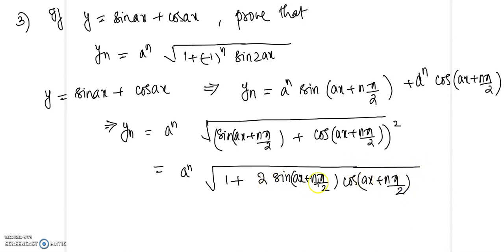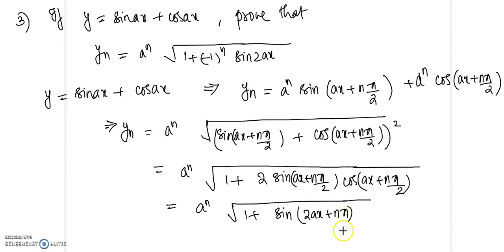Now 2 sin a cos a, that will be equal to sin 2a. So you will get root of 1 plus sin(2ax plus n pi). And now we use the expansion of sin(a plus b).